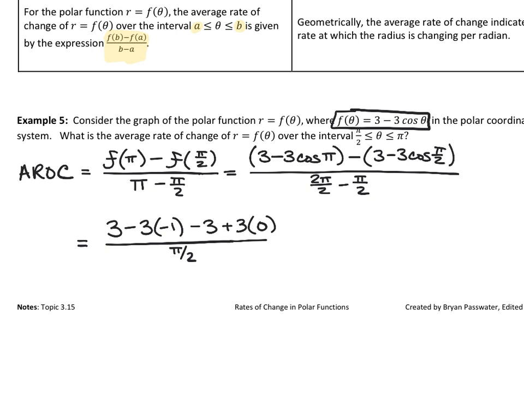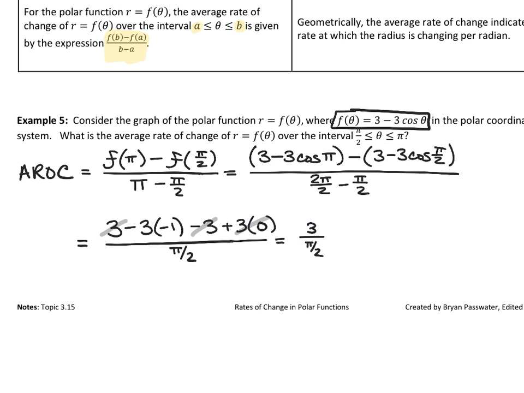Arithmetic time. I notice immediately that I have a positive 3 and a negative 3. They cancel. What's 3 times 0? 0. So essentially that cancels out as well, which means I just have to do negative 3 times negative 1, which is what? 3. So I have 3 over pi over 2.